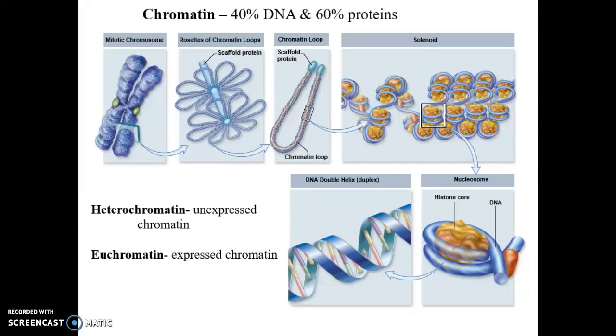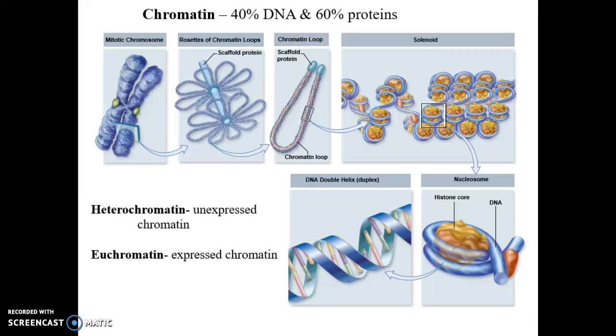The first term is heterochromatin. This is part of your chromatin, or your DNA, that does not get expressed. It does not turn into anything. As far as we know, scientists have not discovered really what is the reason or use of that information.